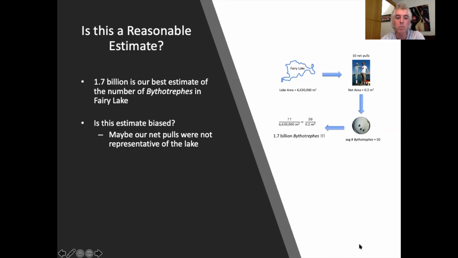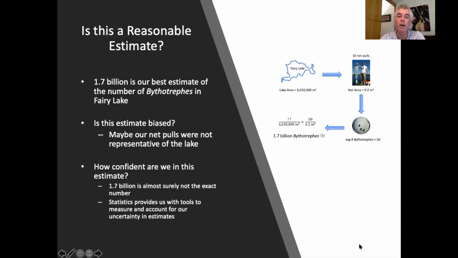But in addition to bias, there's also just uncertainty about what the real number is that comes from just chance. If we drop our net down 10 times anywhere in the lake, we might get 1.7 billion one day. And if we did it in slightly different locations, we might calculate that it's 1.6 billion.